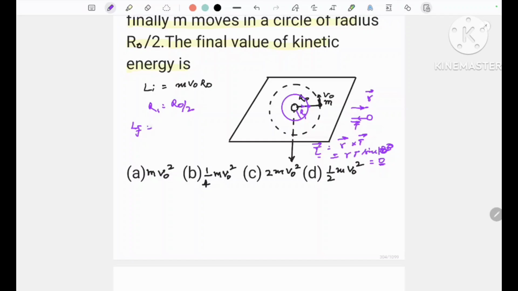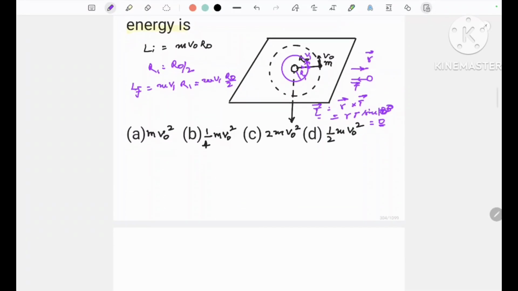Final angular momentum, if its velocity is v1, that will be m v1 r1 or m v1 r dot by 2. For conservation of angular momentum, LF is equal to Li: m v1 r dot by 2 is equal to m v dot r dot.